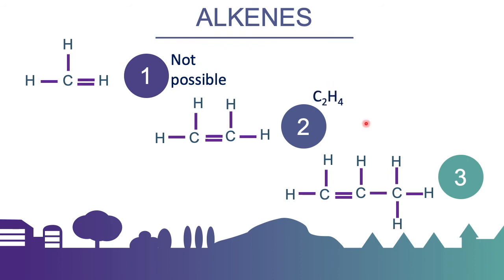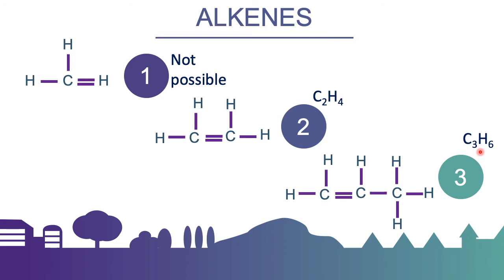So now to look at the molecular formulas. For the alkene with 2 carbon atoms, the formula is C2H4. So that is our first alkene. And then for the formula of the alkene with 3 carbon atoms, we have C3 and then H 1, 2, 3, 4, 5, 6. So C3H6.